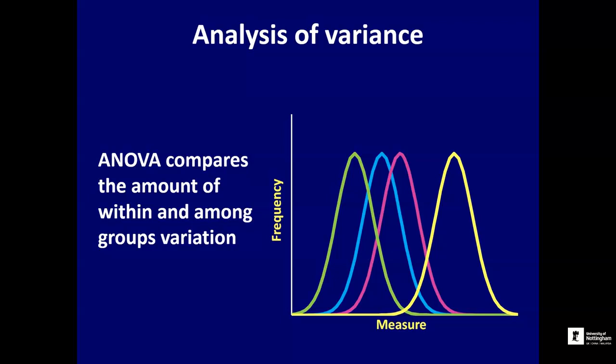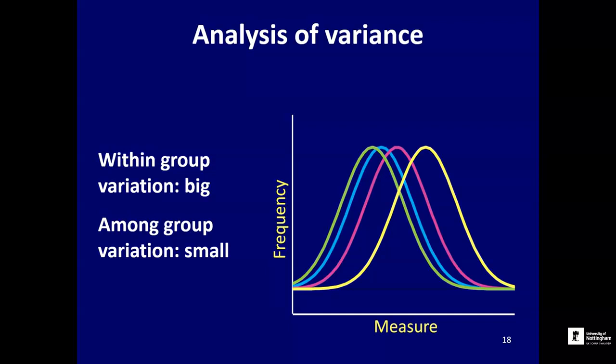If I collect a whole load of eggs and measure the amount of pyrazine in them, I'm going to see differences because of measuring errors, because of genuine small differences in concentration between individuals, maybe because of genetics or maybe because of something else like exactly how old the egg is. But that variation is not interesting to me in the context of the question, which is really, are the life stages different? So I'm going to say, given that individuals are variable, is the difference between the groups, the among groups variation, greater than I would expect at random?